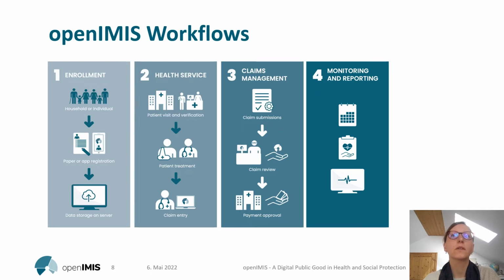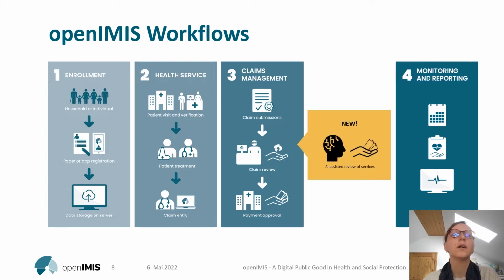And then in the next step, in the service utilization, this means the patient eventually visits the health facility and the health facility staff can verify that a patient is enrolled for the health insurance. They can then enter the claim once the treatment has been completed.